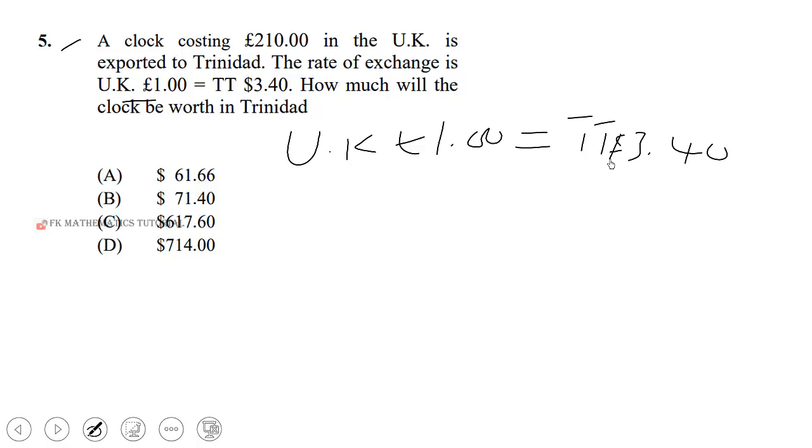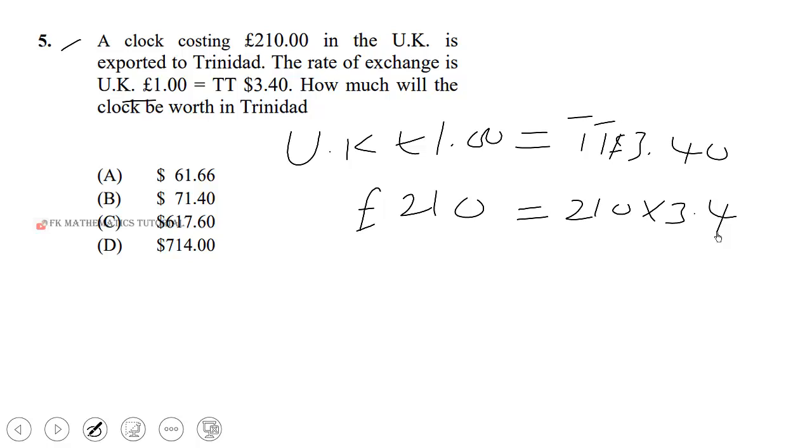So 210 pounds will be equal to 210 times 3.4 Trinidad dollars. So we have to multiply this.